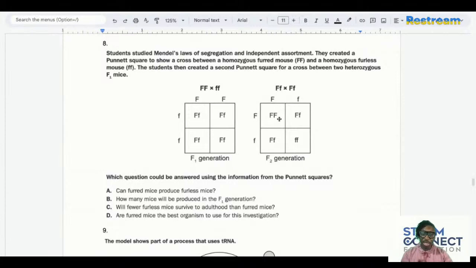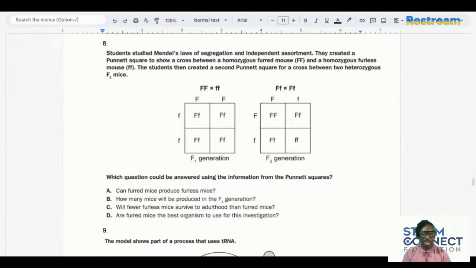And then in F2, which is the second cross, they cross two heterozygous mice. Which question could be answered using the information from the Punnett square?